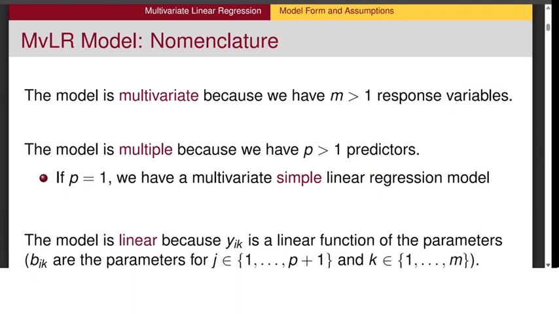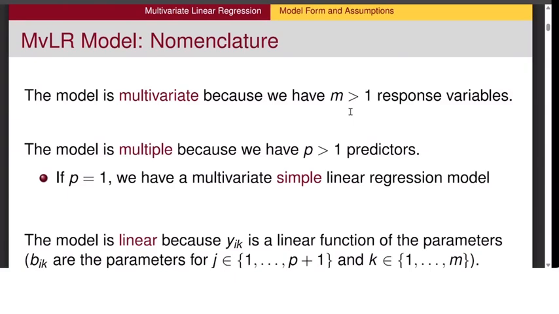Now, the question is, why do we call it multivariate? It is called multivariate because the number of response variables is more than one. Let's say, for instance, you have m equal to 1. m equal to 1 means the number of responses is equal to 1.